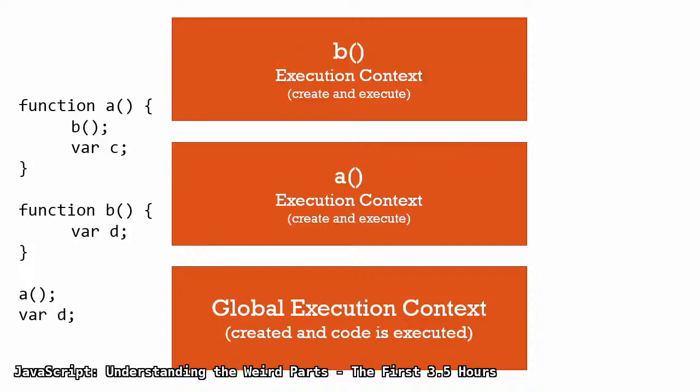And what's running is the current code within the current execution context, which is the one at the top of the stack. So when A is at the top of the stack, it will start to run line by line.